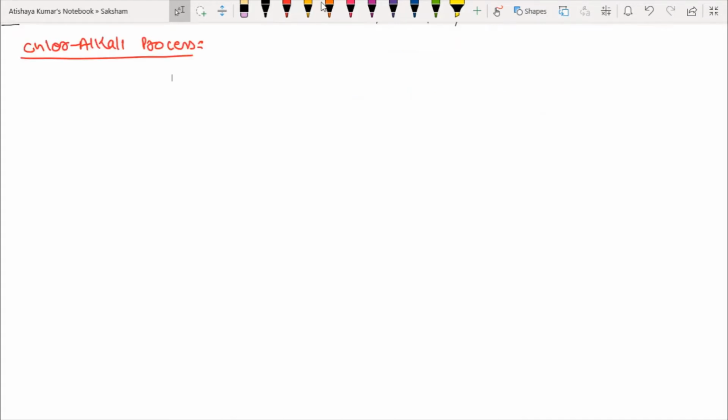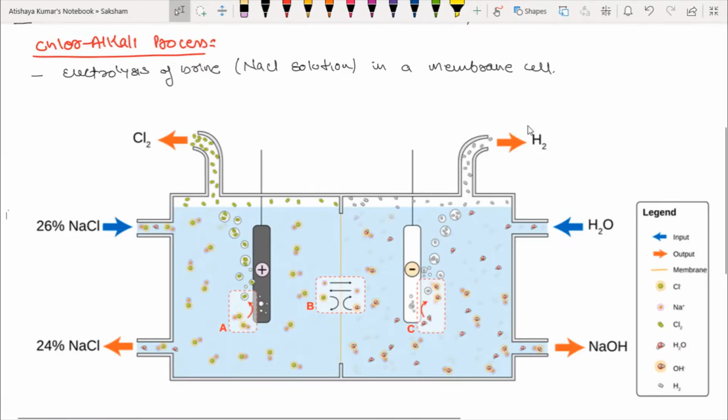Sodium hydroxide is produced by the chlor-alkali process, in which electrolysis of brine solution, or simply sodium chloride dissolved in water, is carried out in a membrane cell. So how does a membrane cell look like? This is the typical diagram of a membrane cell.